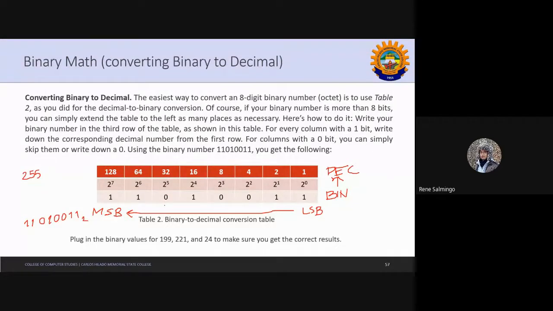What are the numbers that have 0? 32, 8, and 4. So subtract 32, subtract 8, subtract 4. And what is the result? 211, sir. That will be your decimal number.